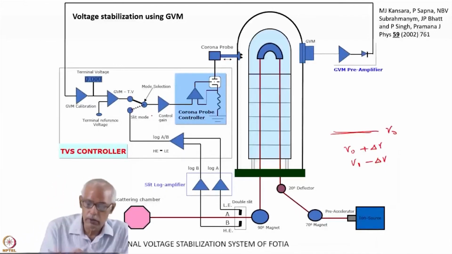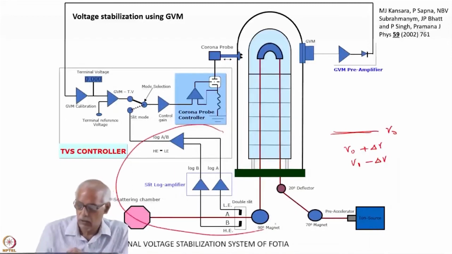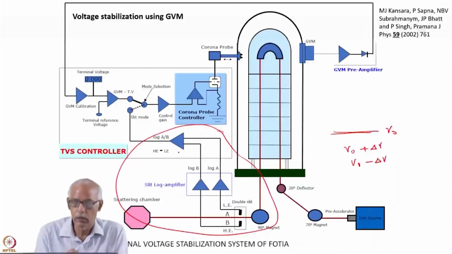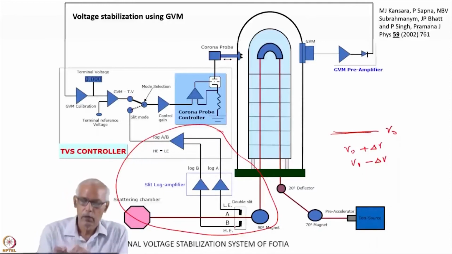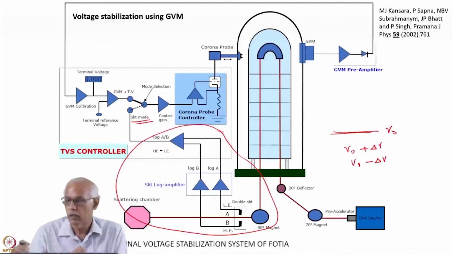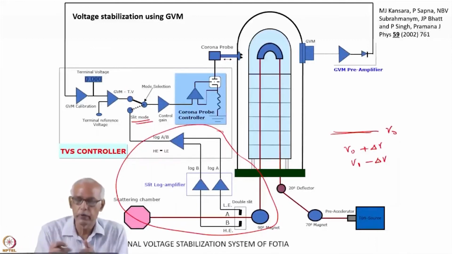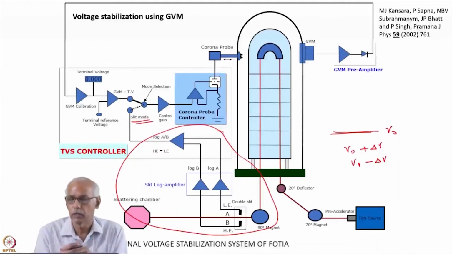So you can see that this circuit here is using voltage stabilization using the feedback from the slits, and that you call slit mode. The other one is that you can have the correction or feedback from the generating voltmeter itself.